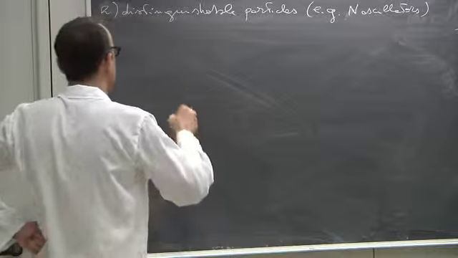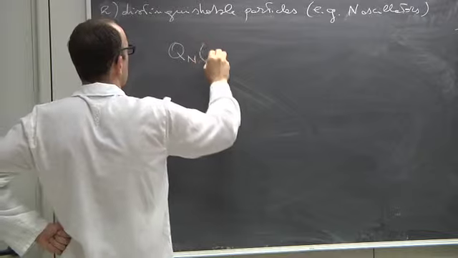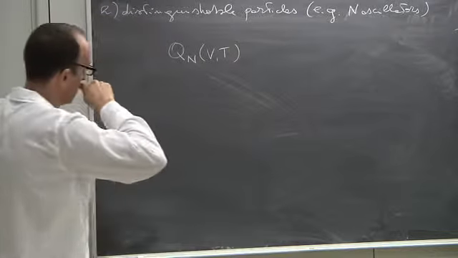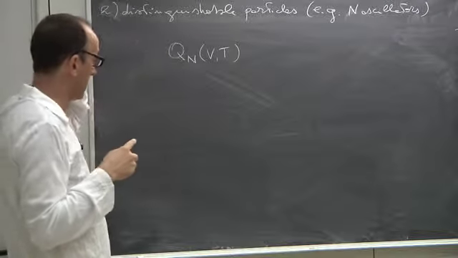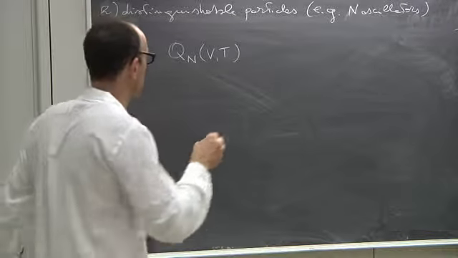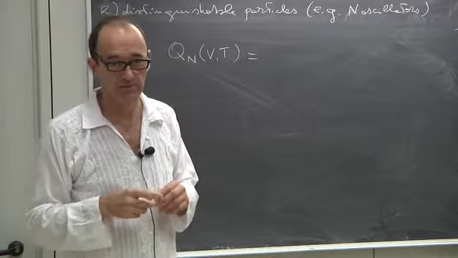So, in this case, we have seen that the partition function for a system at temperature T and volume V has two differences. One is that there is no 1 over N factorial.